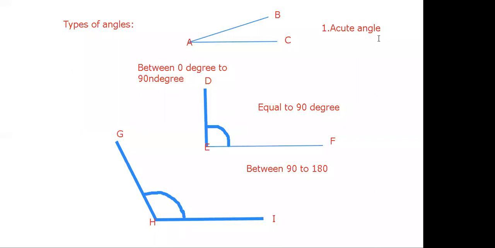In the second example, exactly 90 degree, this is a right angle.